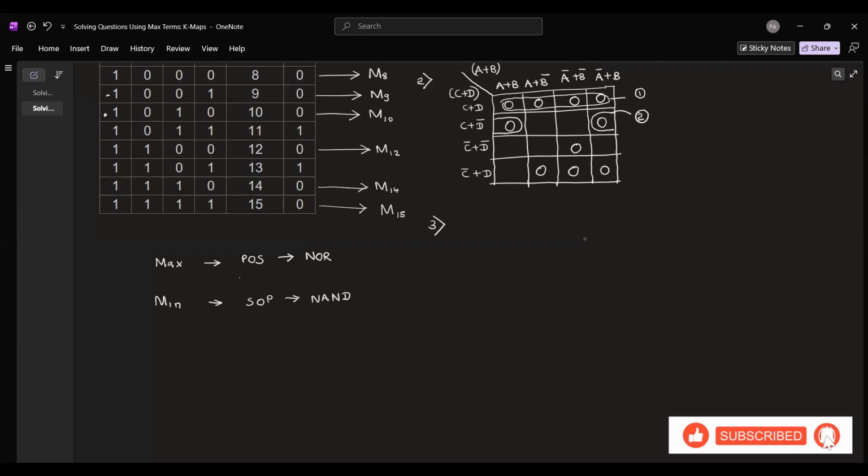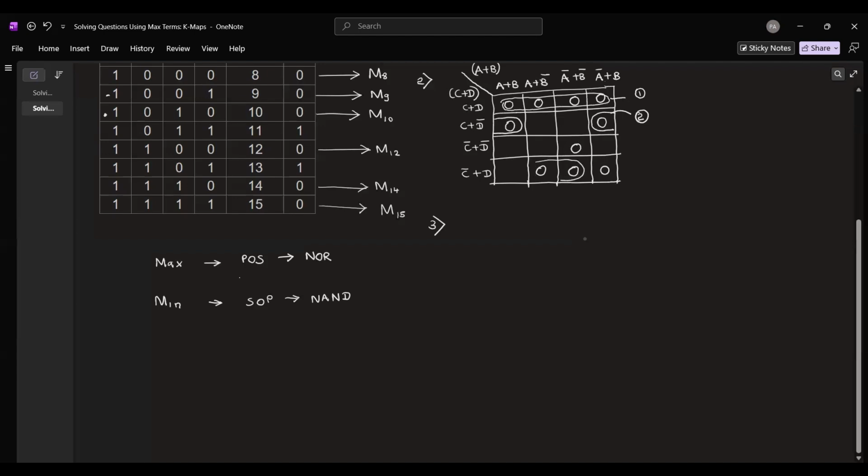Now, what can I do? Well, however, there will be 3 groups required here. Why? I can go like this, and this. Okay, there are 3 groups. Or I can go like this, and this. There are 3 groups. This is also a possibility.